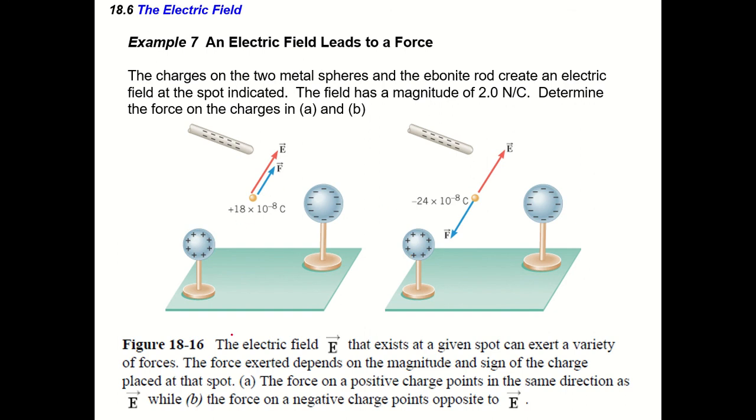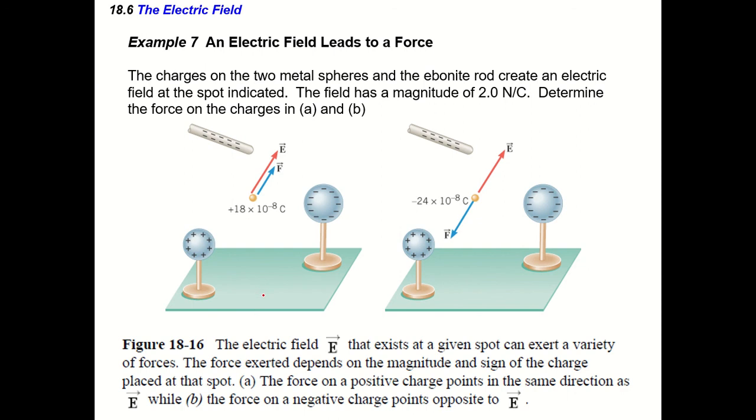As shown in this figure, the electric field E that exists in a given spot can exert a variety of forces. The force exerted depends on the magnitude and sign of the charge placed at that point.